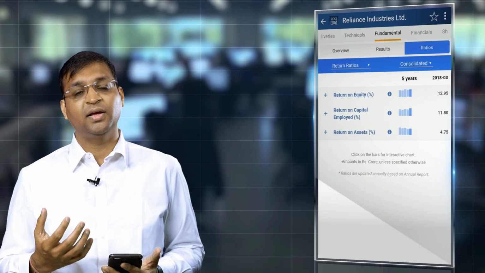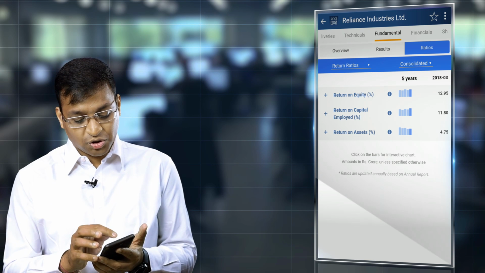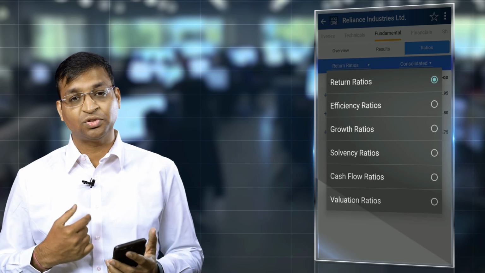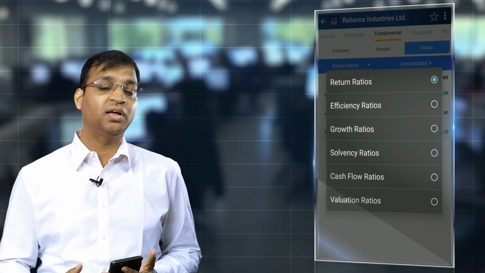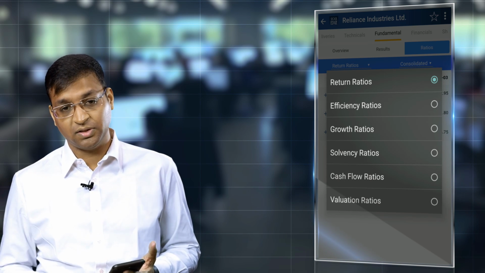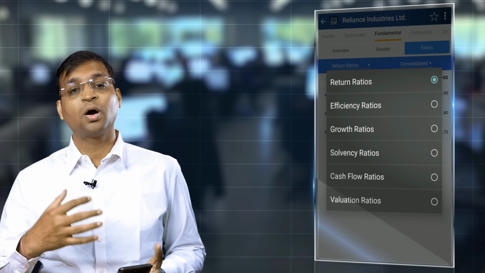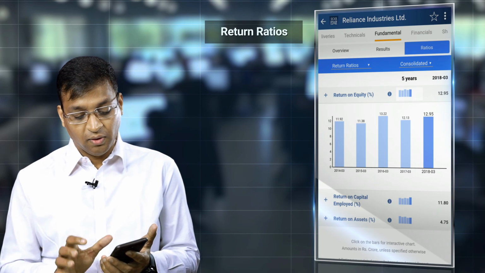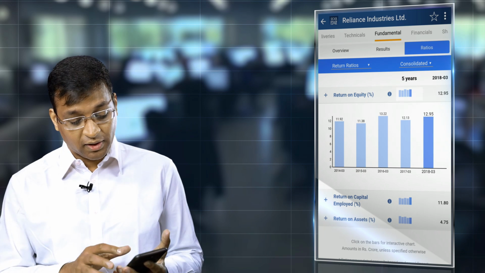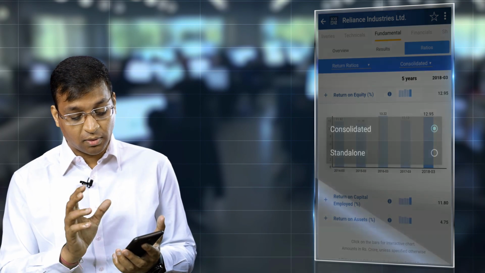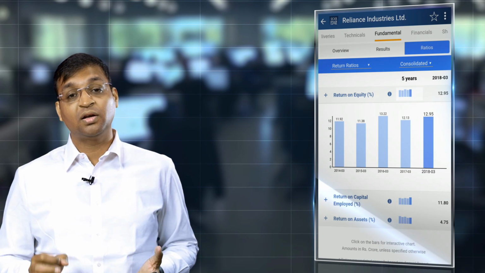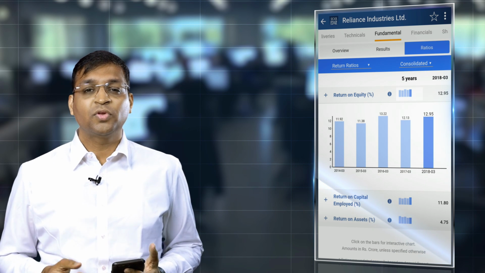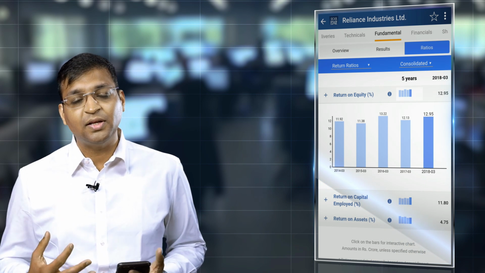When we were studying in our academics, we did ratios based on various criteria like return ratio, efficiency ratio, growth ratio, solvency ratio, and each category of ratio was talking about something about the company. For example, return ratio, return on equity. So this company on a consolidated basis generates a return on equity of 12.95%, right? Now, there is a lot of subjectivity involved in this.